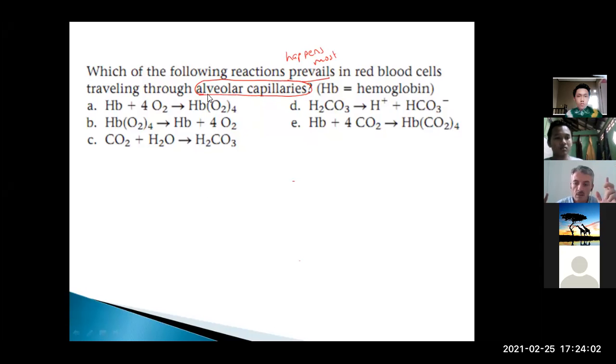Because here it says alveolar capillaries, so we are in the lung. Oxygen entering blood, CO2 is going out, right? Simply like that. Now let's look at the reactions. Hemoglobin is combining with oxygen, making oxyhemoglobin. This is lungs. Okay, this means oxygen is entering blood.